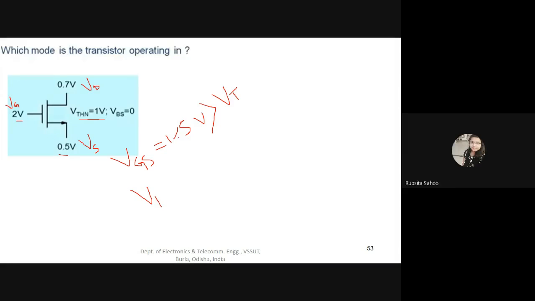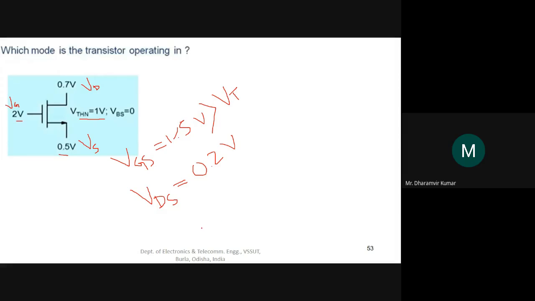VDS is VD minus VS, that is 0.7 minus 0.5, 0.2 volt.